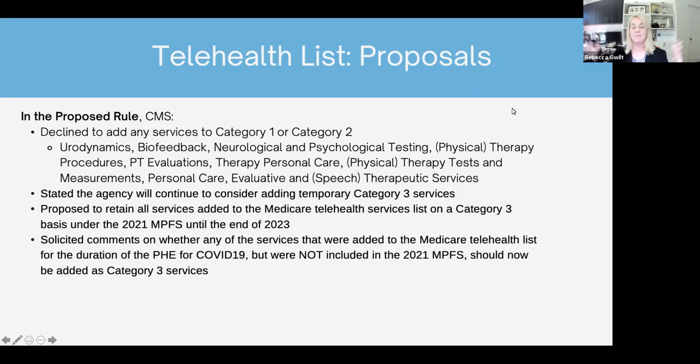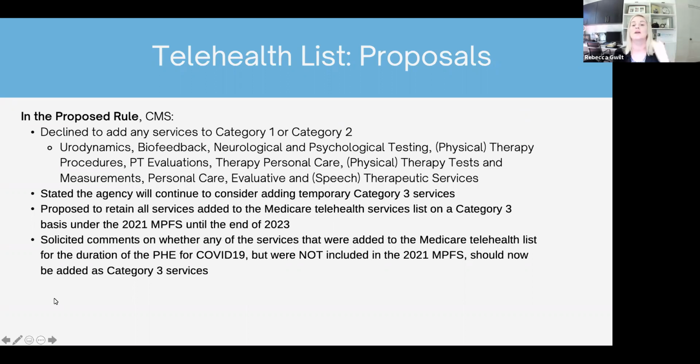So again, that big list of 270, that's the codes on that list that weren't included in Categories 1, 2, and 3. Those are codes that are already out there in the marketplace as being performed virtually. If there are any more, certainly CMS is interested in hearing it.